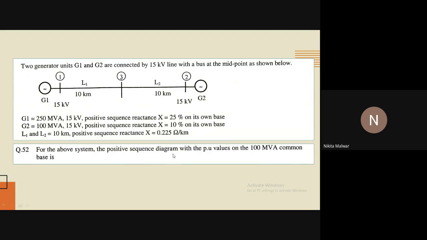So to find out the positive sequence impedance diagram, first we have to find out per unit values. That means we have to find out the reactances of generator 1, generator 2 and the transmission lines.